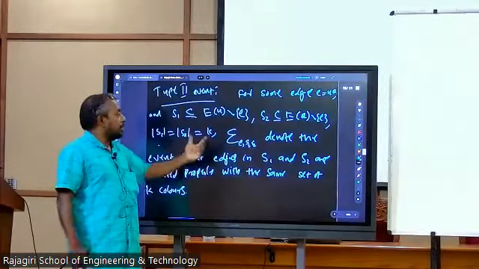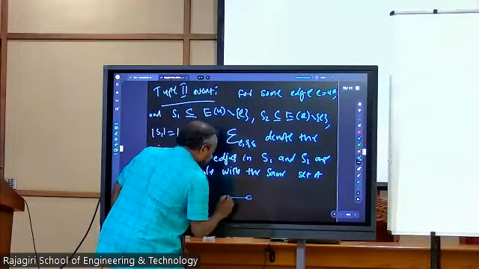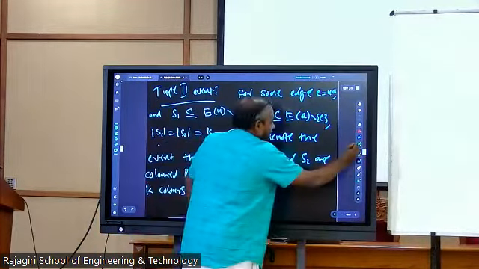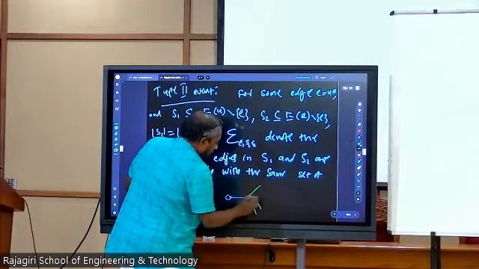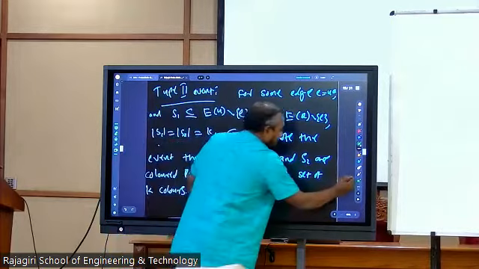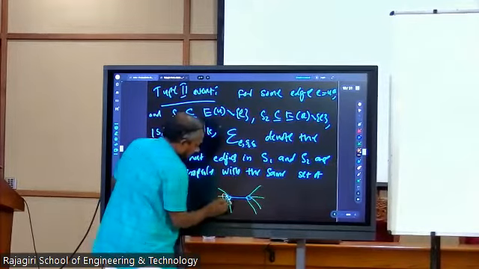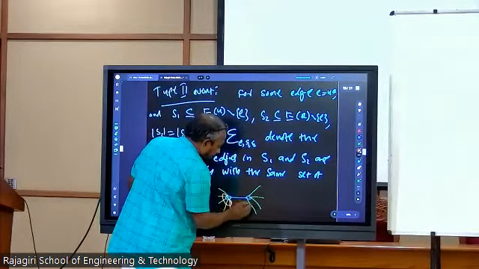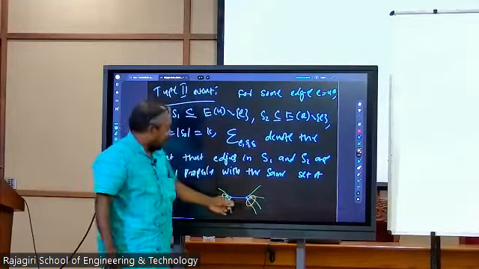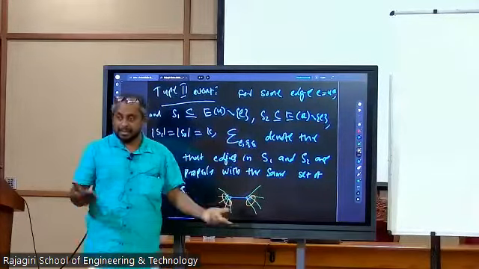Then you have a type 2 event that says that for a particular edge, you look at all the incident edges. Then there is a set of edges here, and some set of edges here, which get the same color, but both sets have, let's say, k edges.